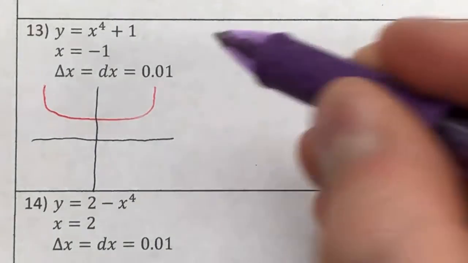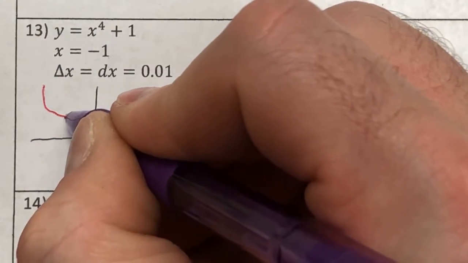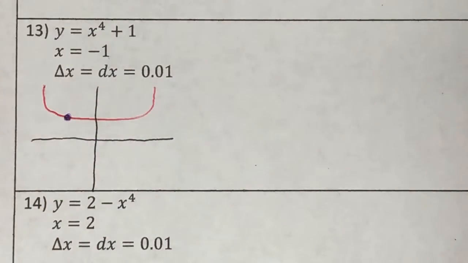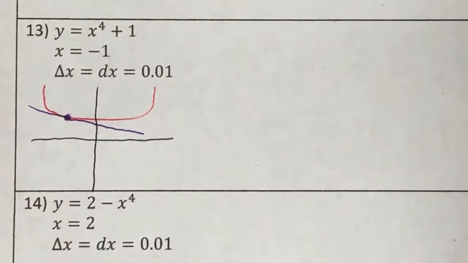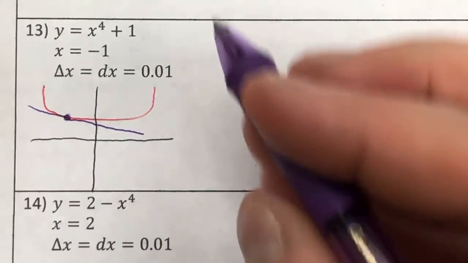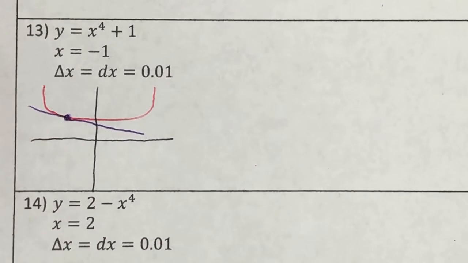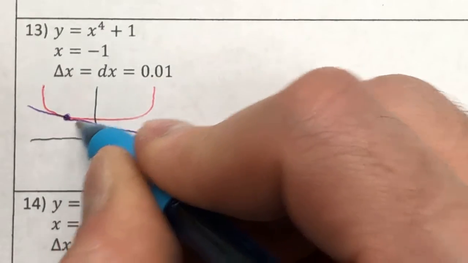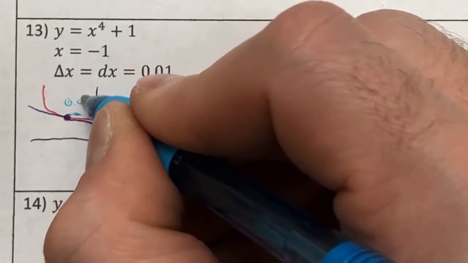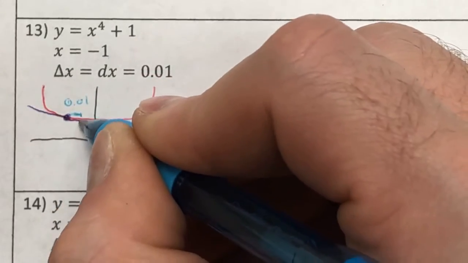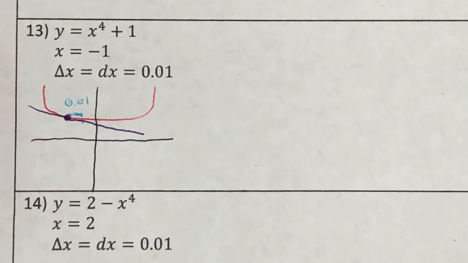I have a point over here on the left at -1, which means that I'm going to draw my tangent line like that. Probably should have drawn it a little farther over to give a good estimate. And what I'm going to be doing is I'm going to be moving over by 0.01. So 0.01, and I want to find the difference between this and this.